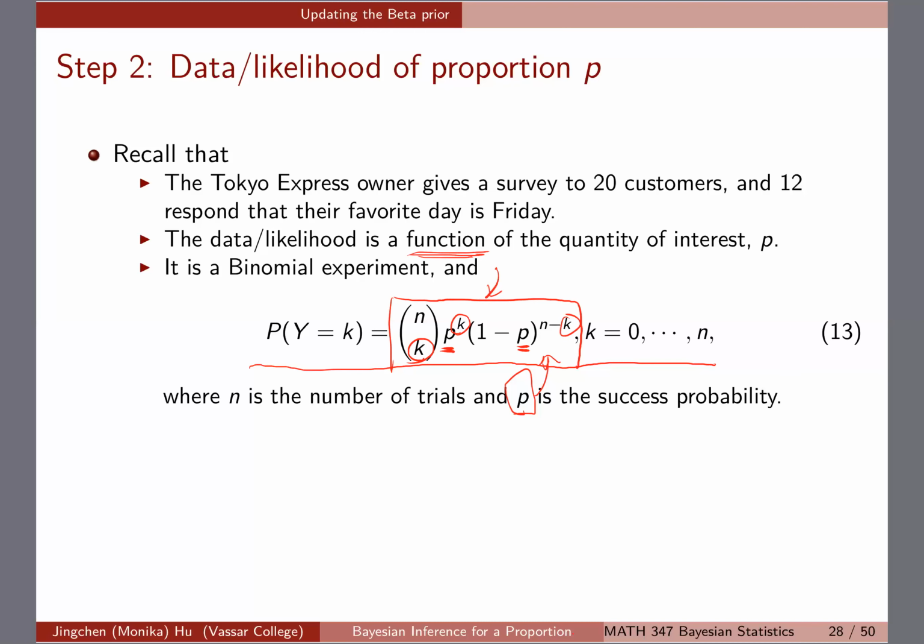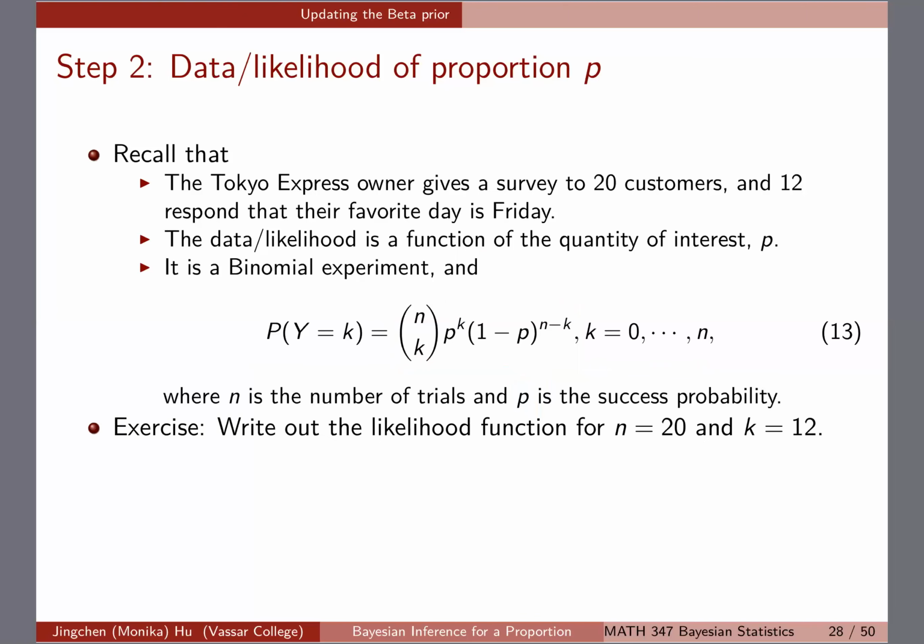And earlier, we did the beta prior for p, which is also making p random. So now we have these two random things, and we're trying to derive the posterior for p. Okay, so it's always a function of p itself. Well, this is a really short exercise here.